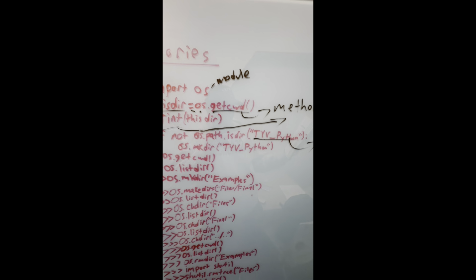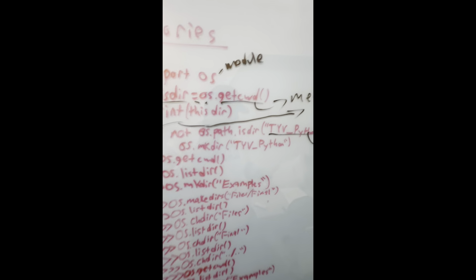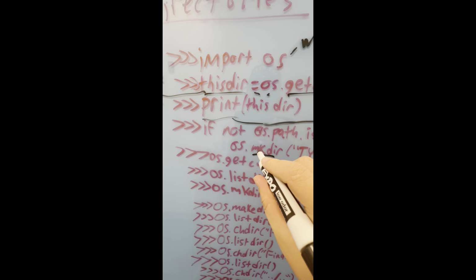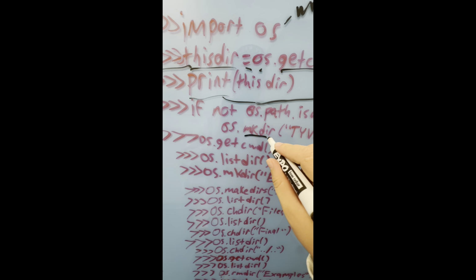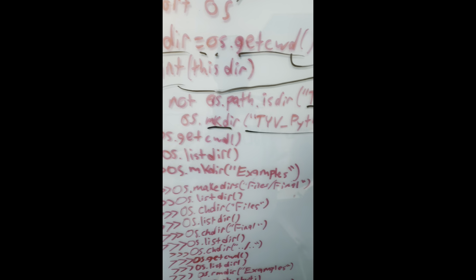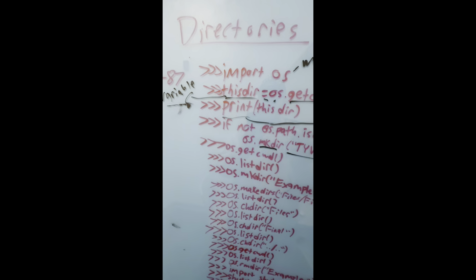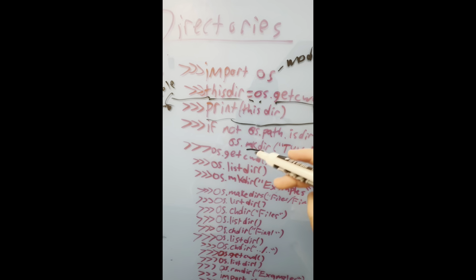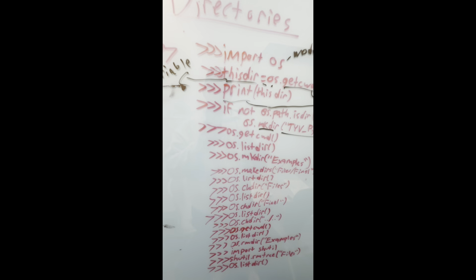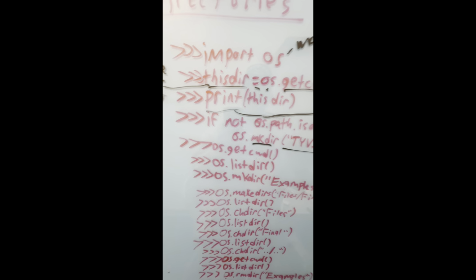And if it doesn't, it will then use this method, mkdir, which is also from the os module, to make this an actual directory. So that's basically like the if-not-then kind of scenario. I don't know why I like that, but I'm familiar with it.